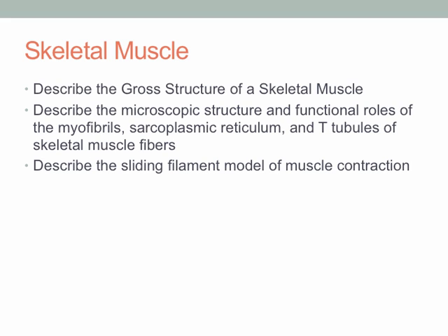The next objective is to describe the microscopic structure and functional roles of the myofibrils, sarcoplasmic reticulum, and the T-tubules of the skeletal muscle fibers. These are very small structures, but very important structures, and we'll take a look at them in the slides to come. Also, describe the sliding filament model of contraction, and I think that will be our very last thing we cover in this presentation for this week.